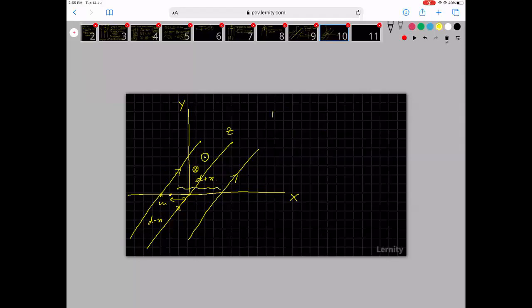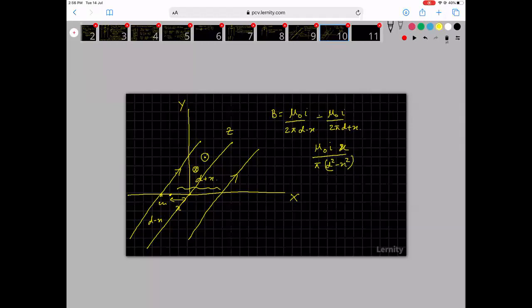So I can say that B is equal to mu naught I by 2 pi (d minus x) minus mu naught I by 2 pi (d plus x). Now when I simplify this, it looks like mu naught I by 2 pi times 2x over (d square minus x square).